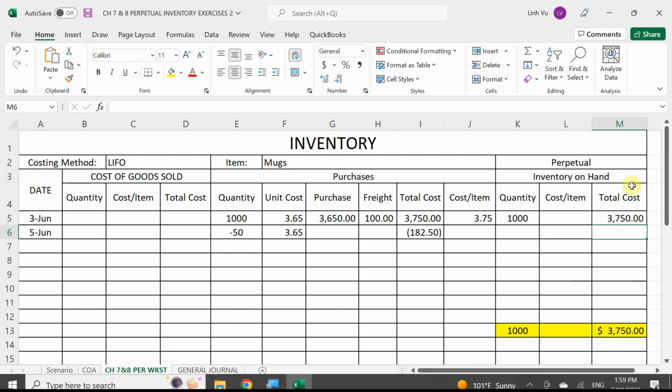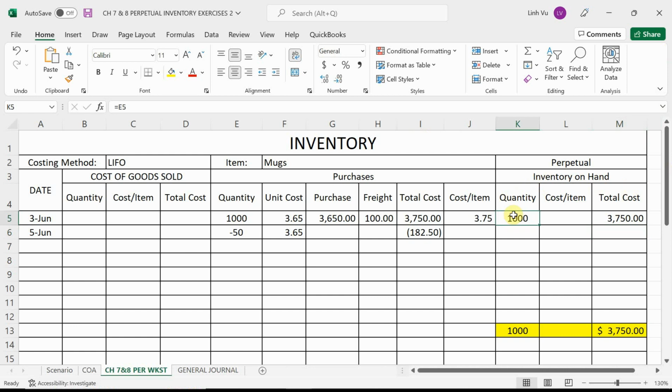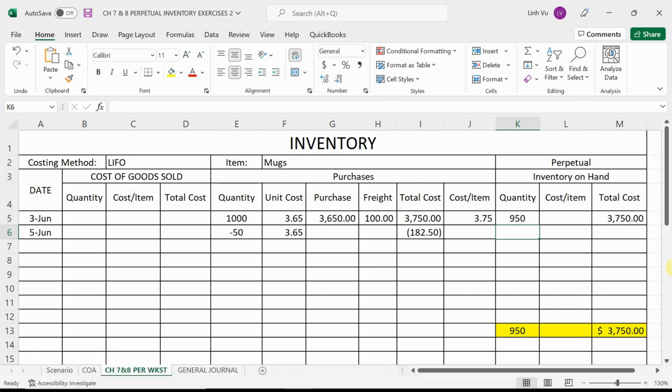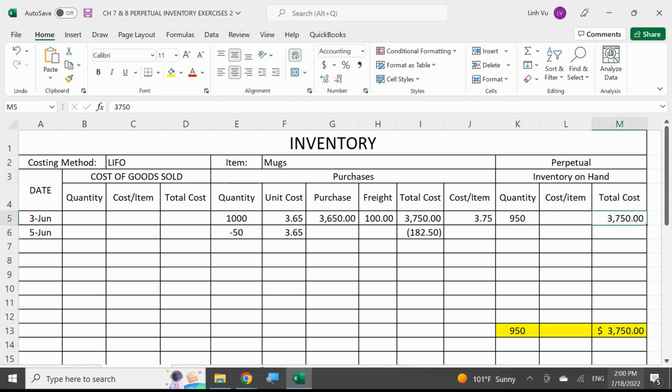So I have to actually edit the information right here because I'm doing LIFO, which means I have to keep my batches separate. So in this case, what is 1,000 minus 50? We should have 950 units left. You actually have to adjust the total cost because I'm no longer at 3,750.